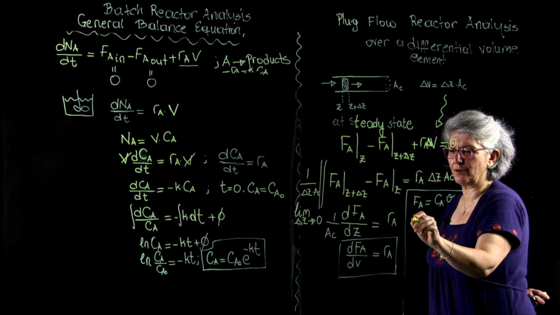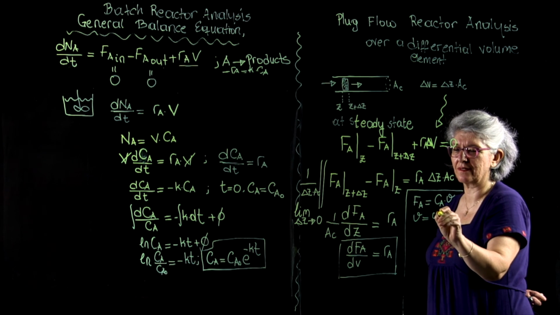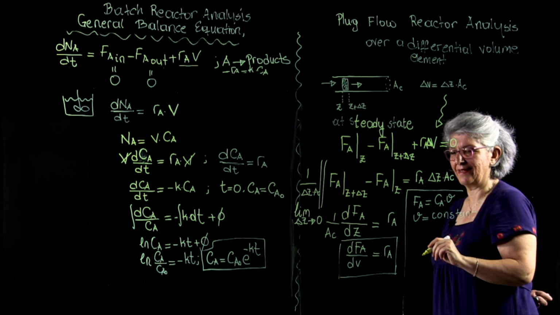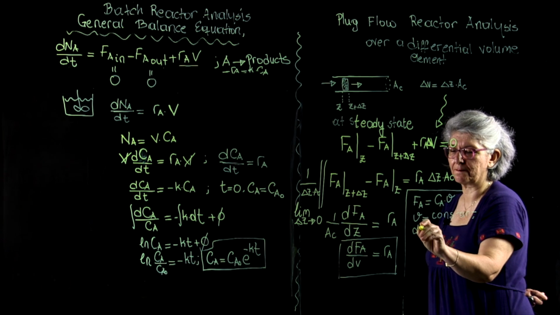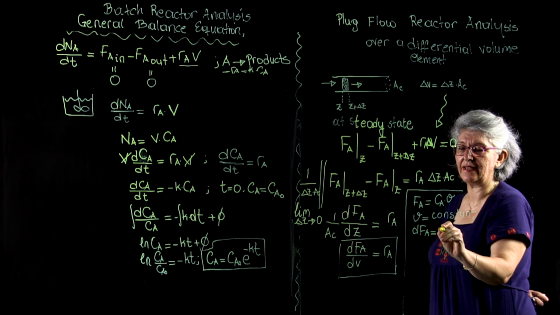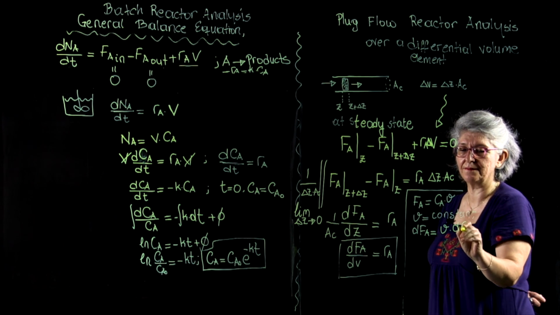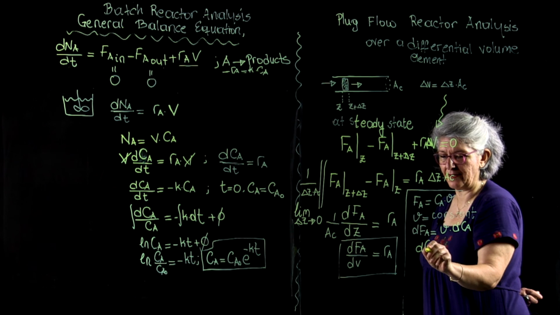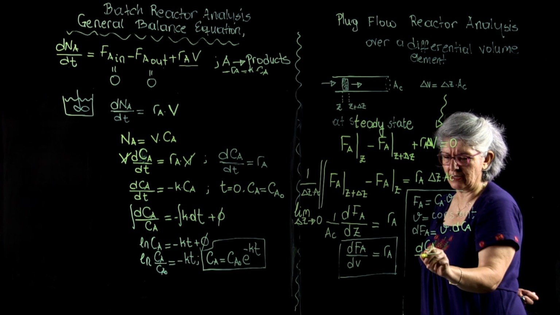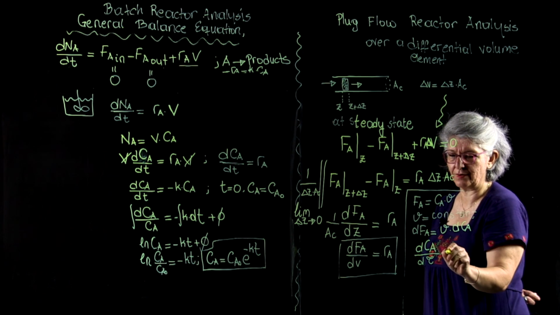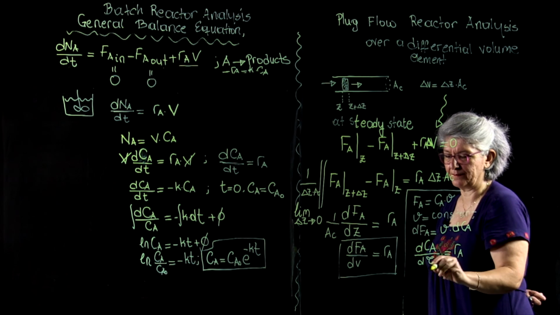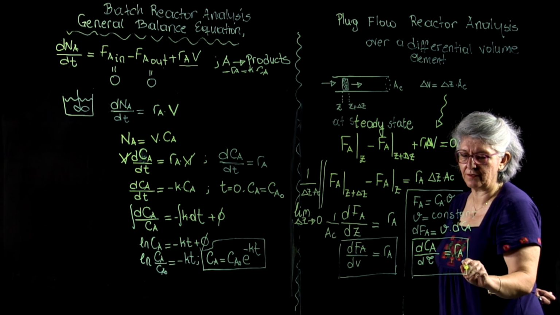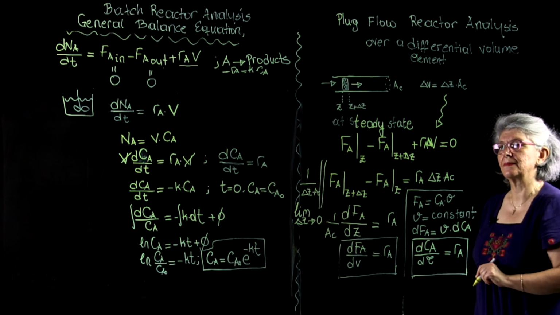So, if volumetric flow rate is constant, then my dFA can be defined as v times dCA, and the design equation takes the following form: dCA over d tau equal to R sub A, for a constant volumetric flow rate system.